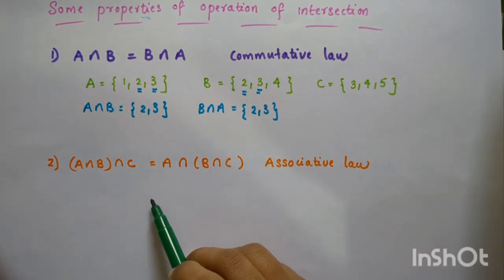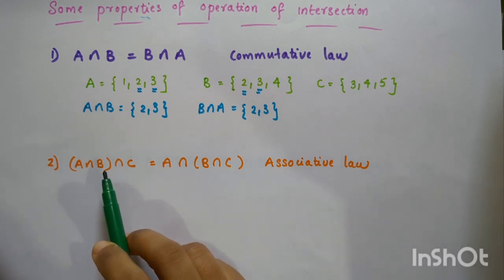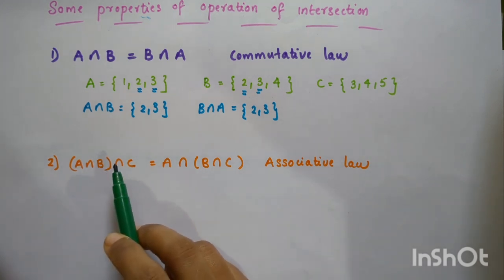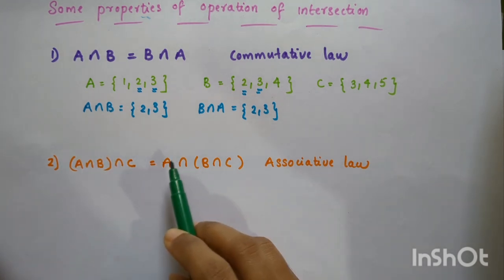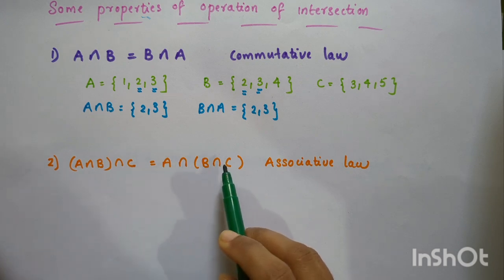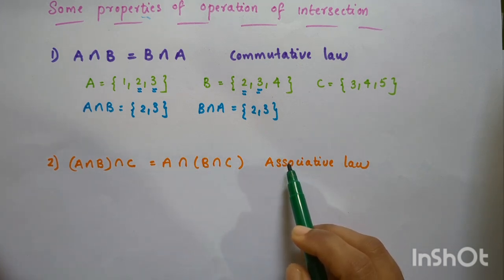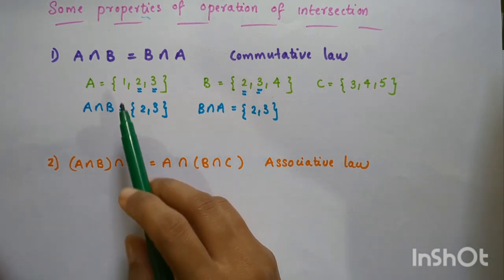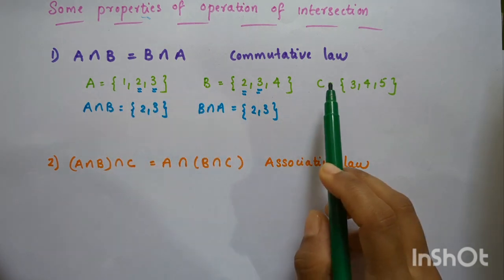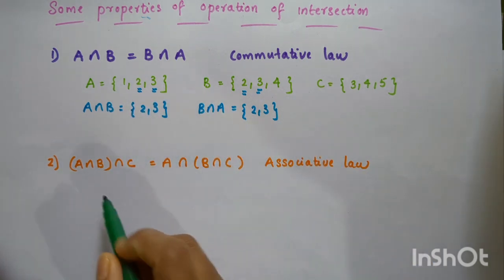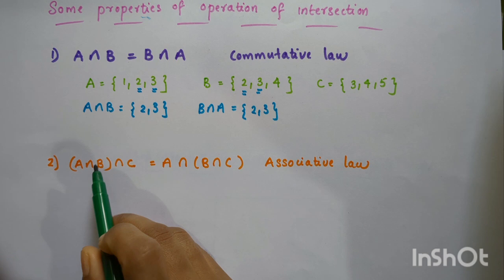Now, let us see the next property of intersection, that is A intersection B intersection C is equal to A intersection B intersection C, grouped differently, and this is called the associative law. So, let us consider the sets A, B and C like this. Now, let us find A intersection B, which we have already found.